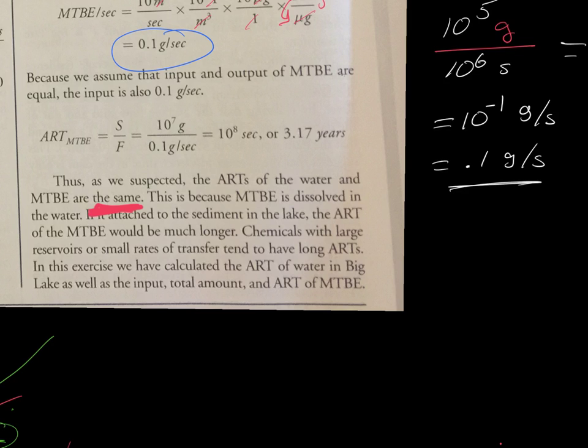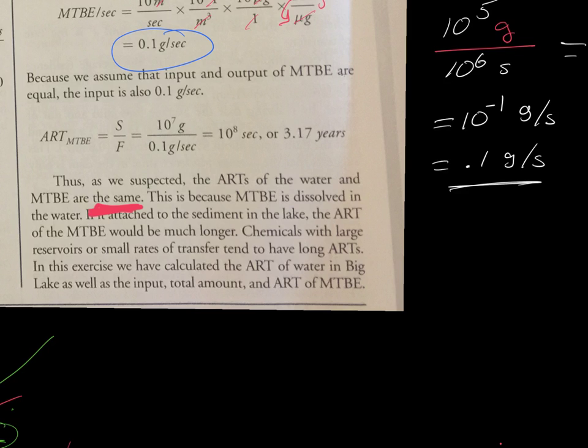That's the reservoir, right? And we know that the flow, or the rate of transfer, is 0.1 grams per second. So when we do the division of 10 to the 7th divided by 0.1, it turns out to be 10 to the 8th seconds, because grams cancel out.